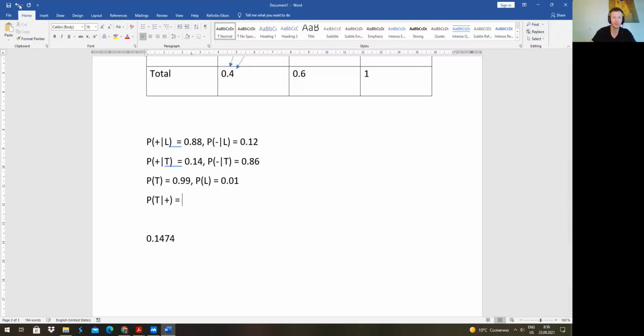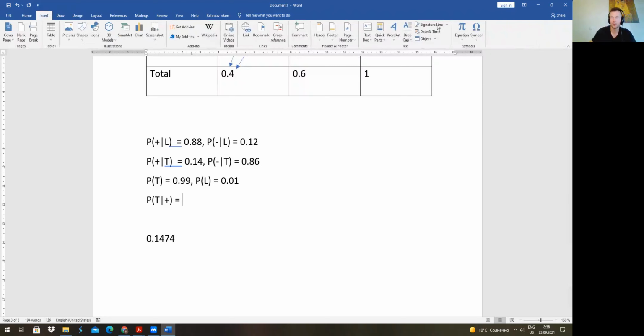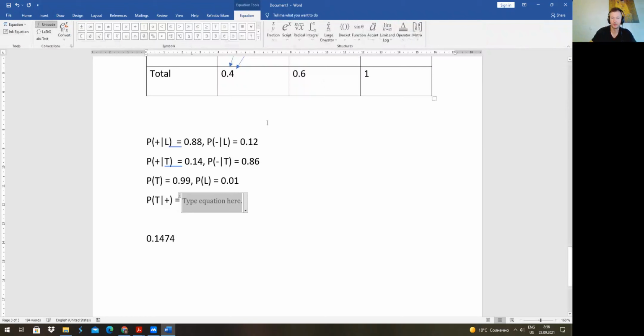Basically, we need to think in the following way. What do we know about the conditional probability? The conditional probability is calculated as a ratio: in the denominator we must find the probability that the polygraph gives us a positive response, right?